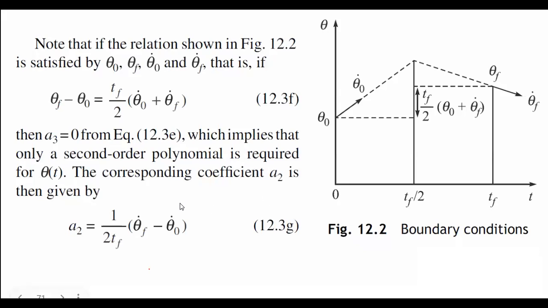The corresponding coefficient a2 is then given by a2 is equal to 1 upon 2 tf into bracket theta f dot minus theta naught dot, equation 12.3g.